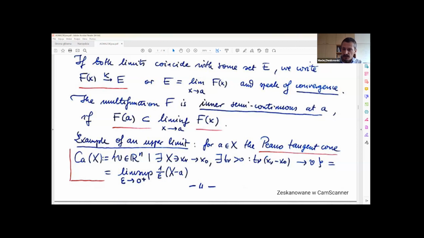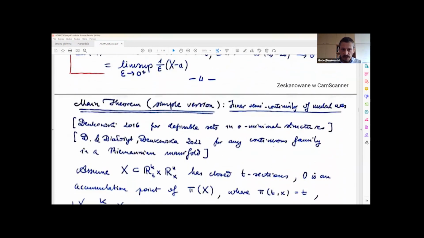The direction at which they stabilize is a vector tangent to X. This is exactly an upper limit in the Kuratowski sense of the translation of X by A and dilated by 1 over epsilon when epsilon converges to 0.